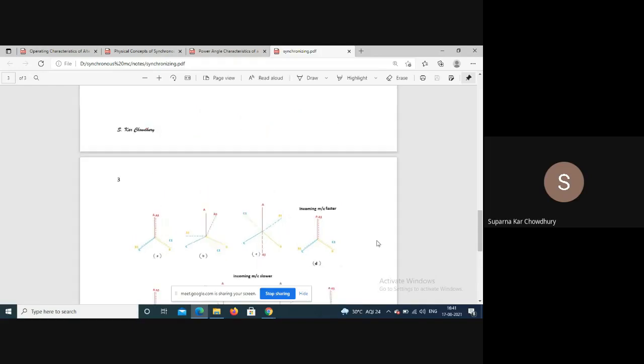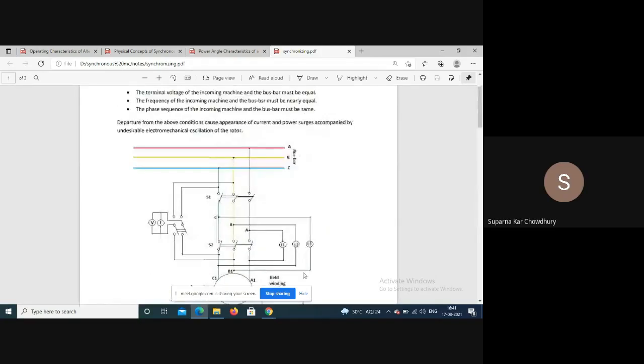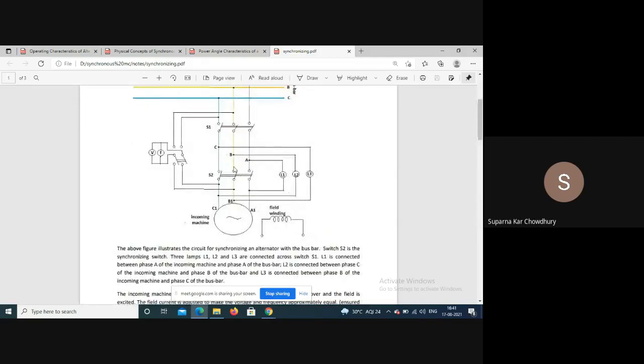Now, instead of connecting lamp 2 and lamp 3 between B and C and B, we can also connect across B and C. But then all the three lamps will be dark at the point of synchronization.